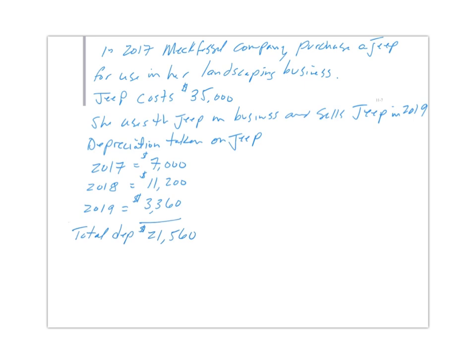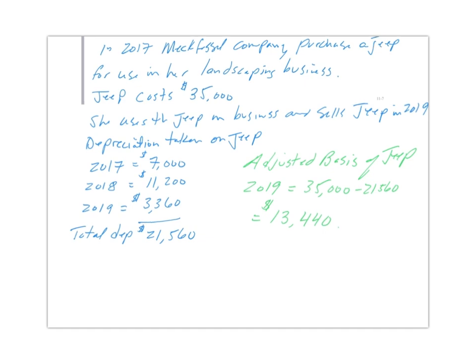So in 2019, I'm going to switch the colors here. Adjusted basis of Jeep in 2019 is going to be equal to our original price minus our depreciation taken, which is going to be equal to $13,440.